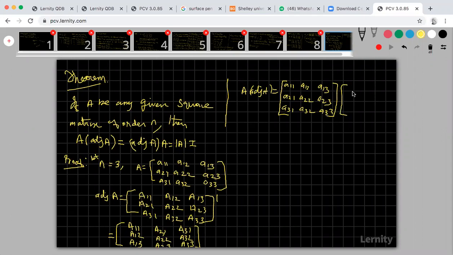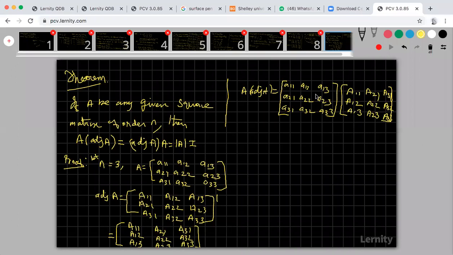It is A11, A12, A13, A21, A22, A23, and A31, A32, A33. Now multiply these two matrices. How to multiply?